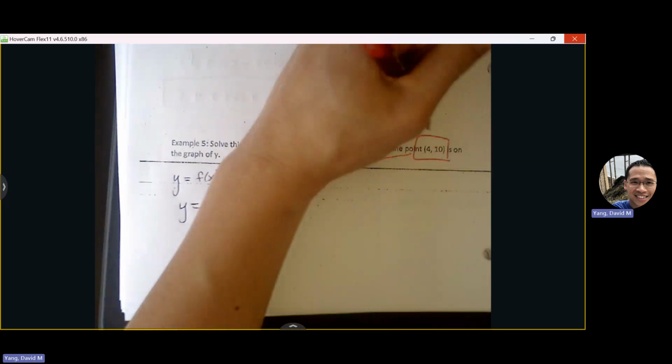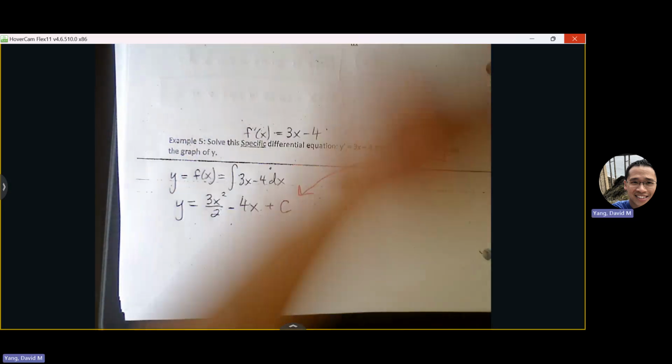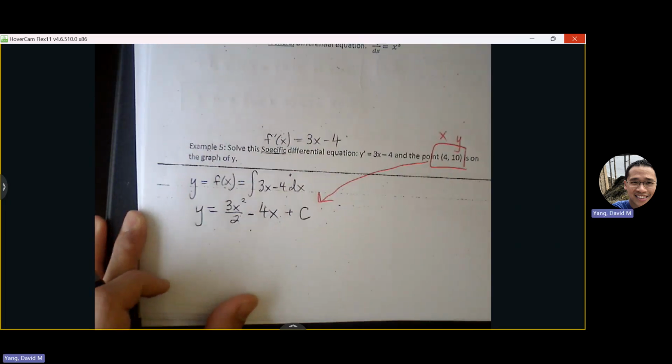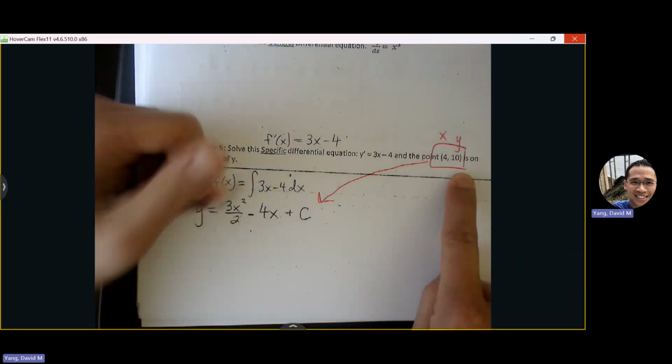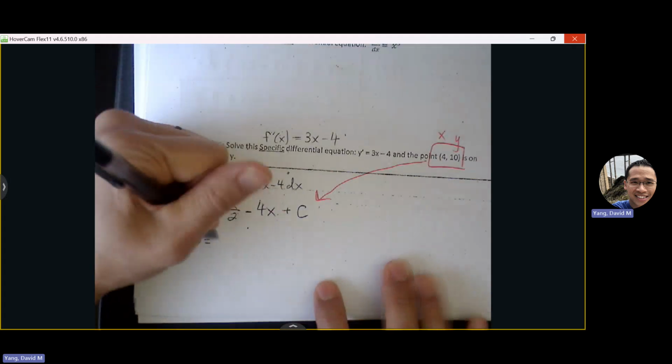So the 4 is going to plug in for x. The 10 will plug in for y. And that will help us pinpoint the specific solution for this antiderivative. It has to fulfill this ordered pair. So 10 will go in for y, and 4 will go in for x.